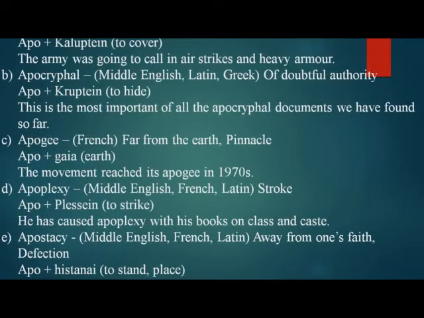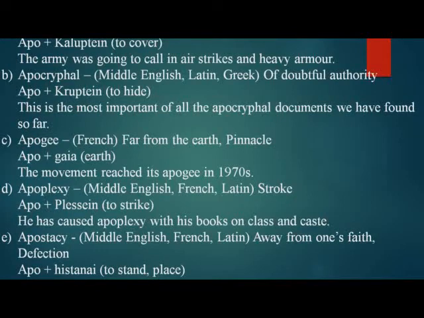Then we have apoplexy, apoplexia, all that, and Middle English, French, Latin origin. As you can see, meaning is stroke. The splitting is apo plus sign, which means to strike, some nervous attack or strike, or in simple terms, as I have written, stroke.